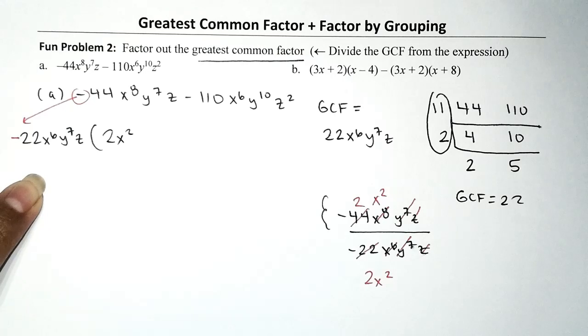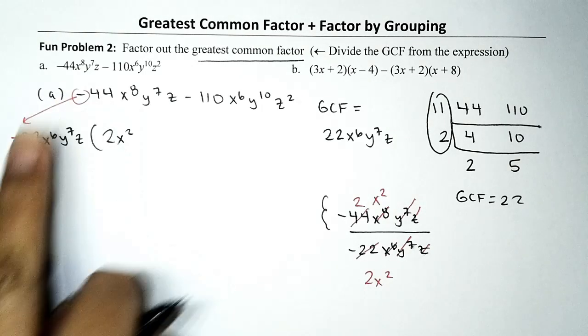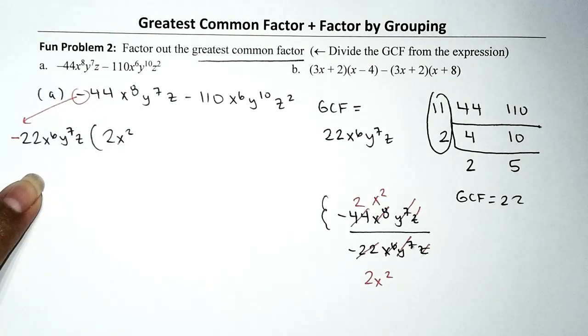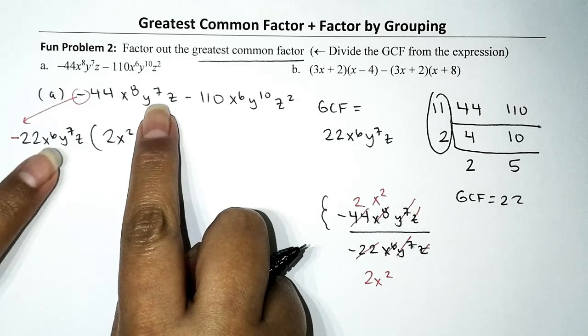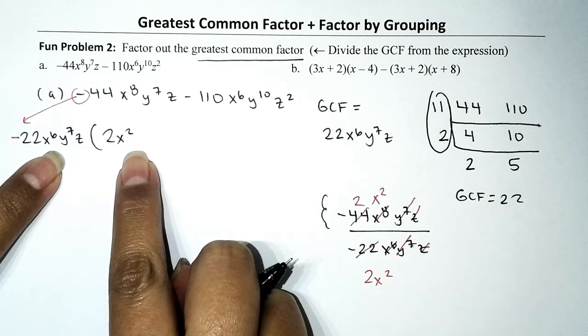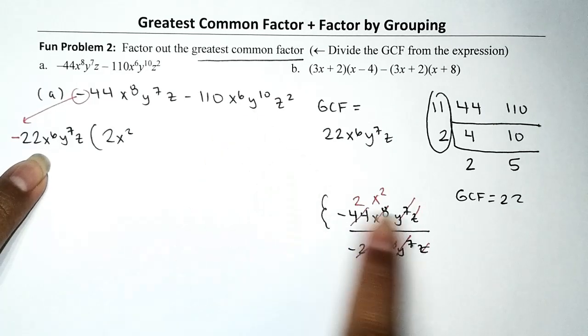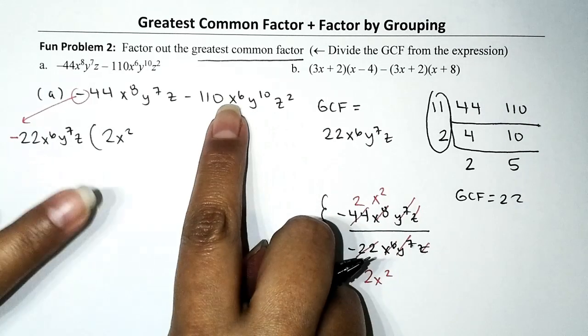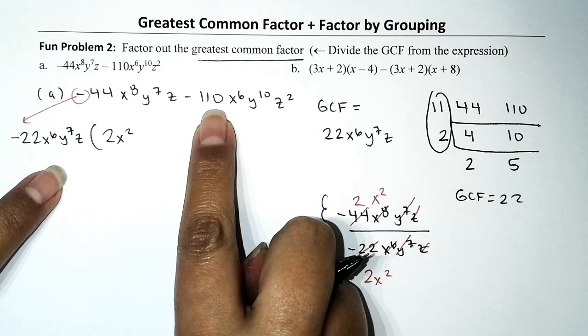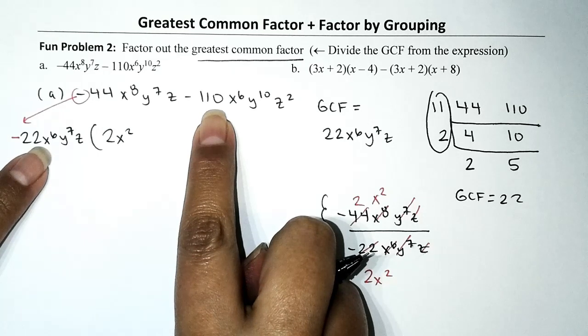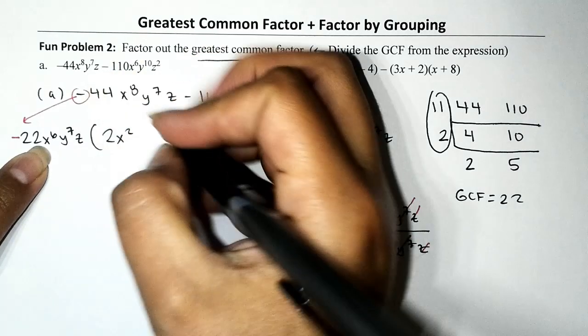But me saying it like that doesn't really work for me. I say it the other way around. First term divided by GCF will give us 2x squared. Second term divided by GCF, you can show the work or we'll just do it right now. Negative 110 divided by negative 22, punch it in, and that will give us 5.